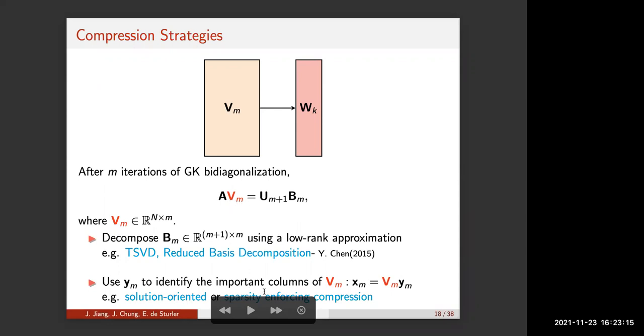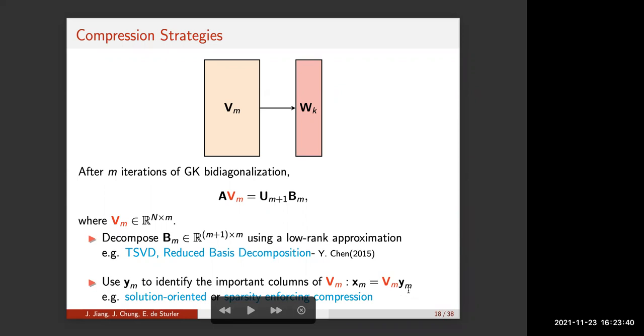The second category is where we select the important columns of V_m by checking the solution of the projected problem. After we solve the projected problem, we get the solution y_m. Then we map it back by computing V_m times y_m.